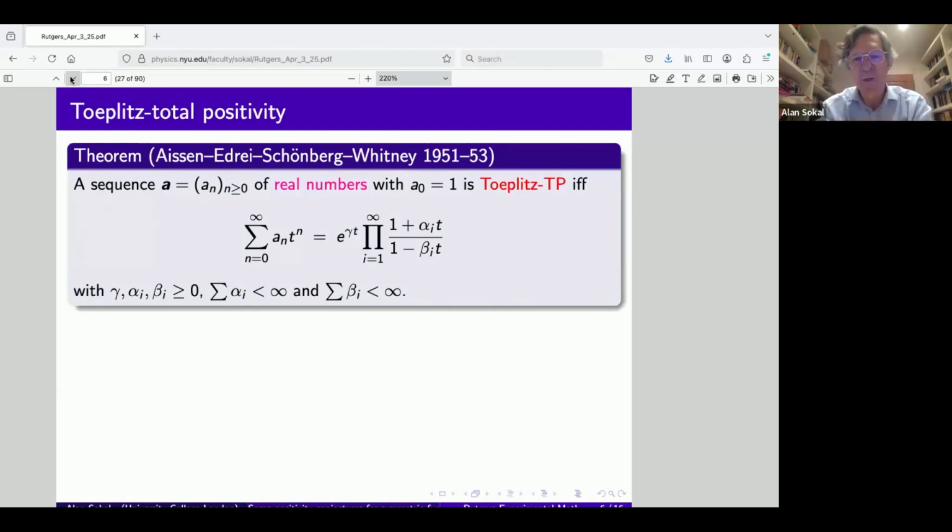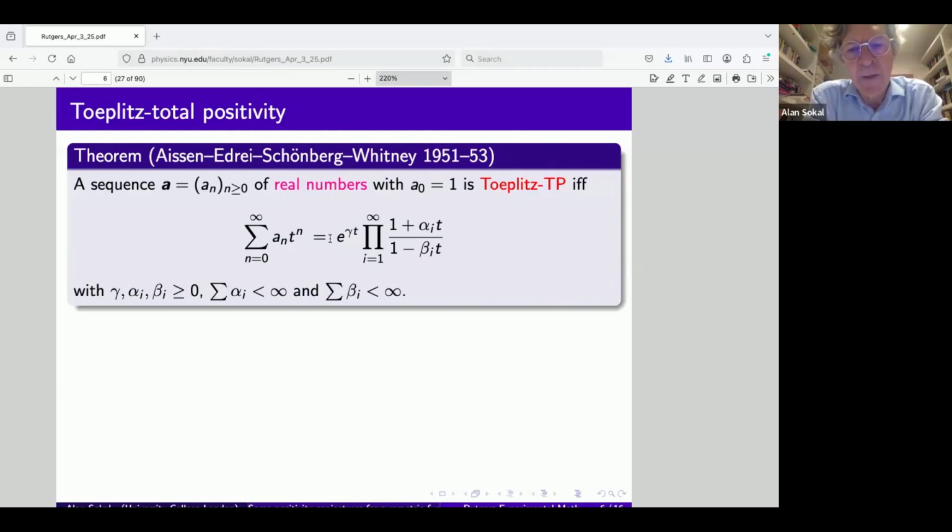The ordinary generating function of a Toeplitz totally positive sequence is, now it's not an entire function, it's a meromorphic function with negative real zeros and positive real poles and a possible exponential factor. So that's a theorem due to Aissen, Edrei, Schoenberg, and Whitney in the early 1950s.